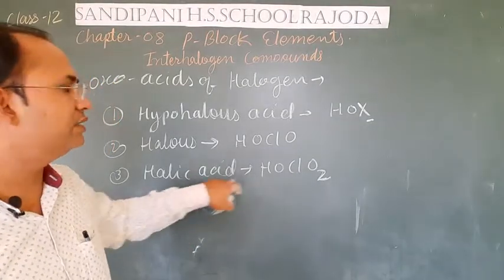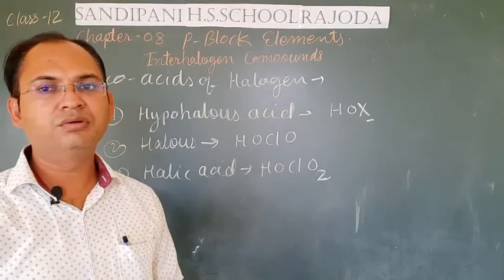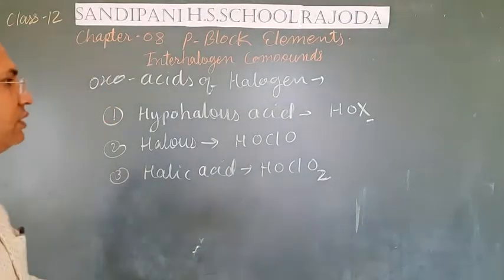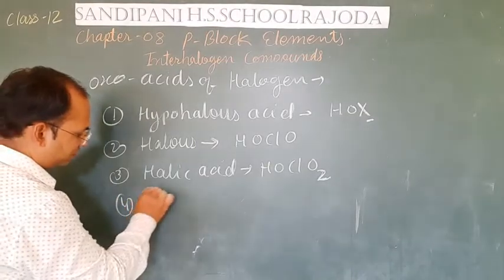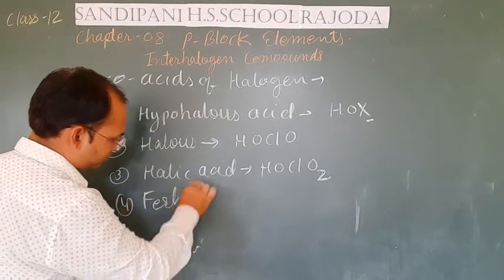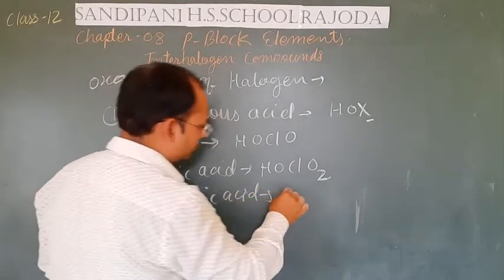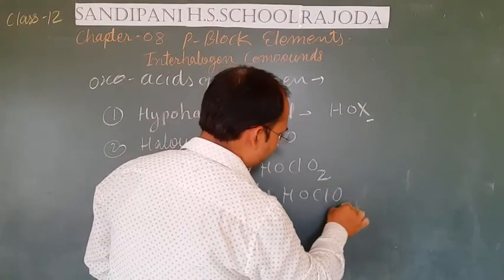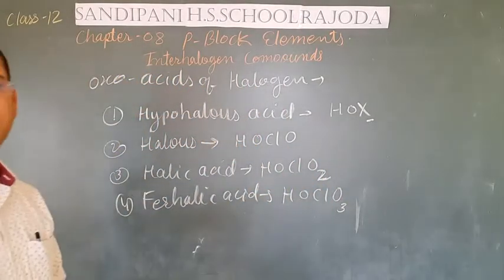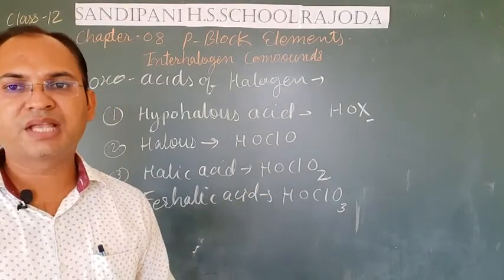The halic acid has 2 oxygens, HOClO2, and the last one is perhalic acid. Fourth is perhalic acid, or HOClO3 type of acid. This is the strongest oxo acid of the halogen.